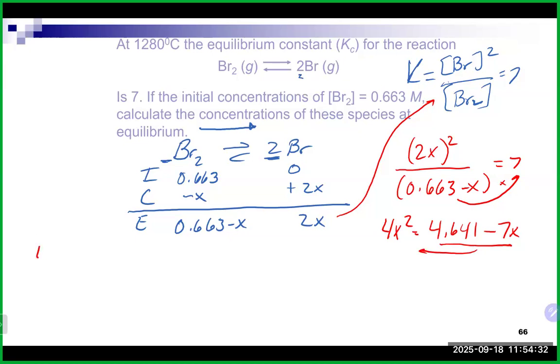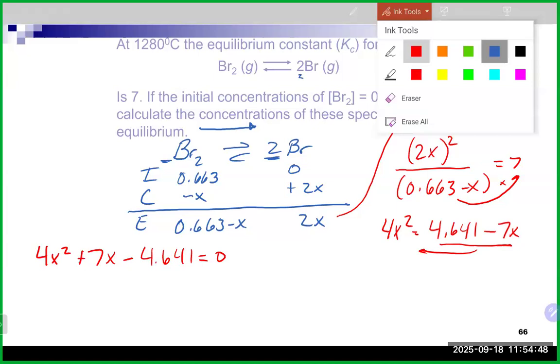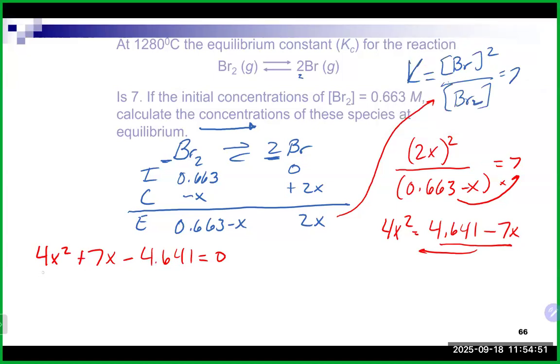That's going to give me 4x squared plus 7x minus 4.641 equals 0. That is going to be basically my A, B, and C in my quadratic. By the way, for C, we do take the negative with it.